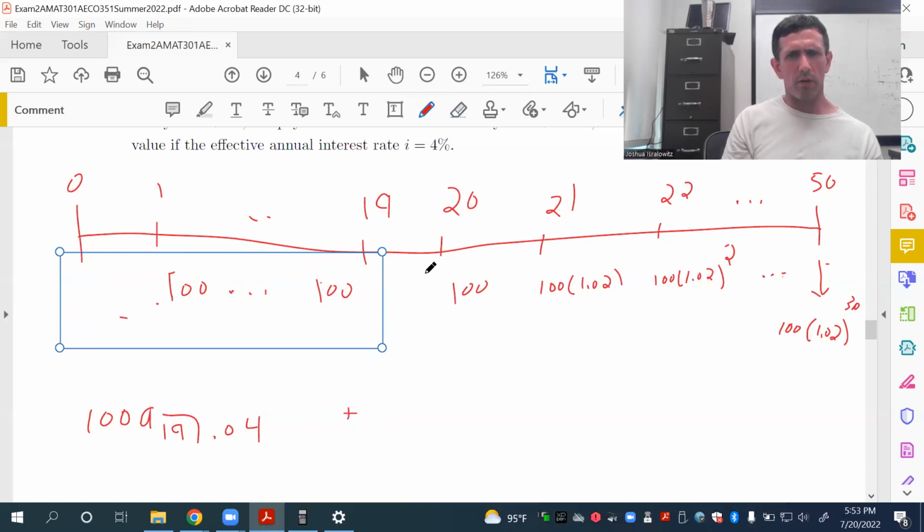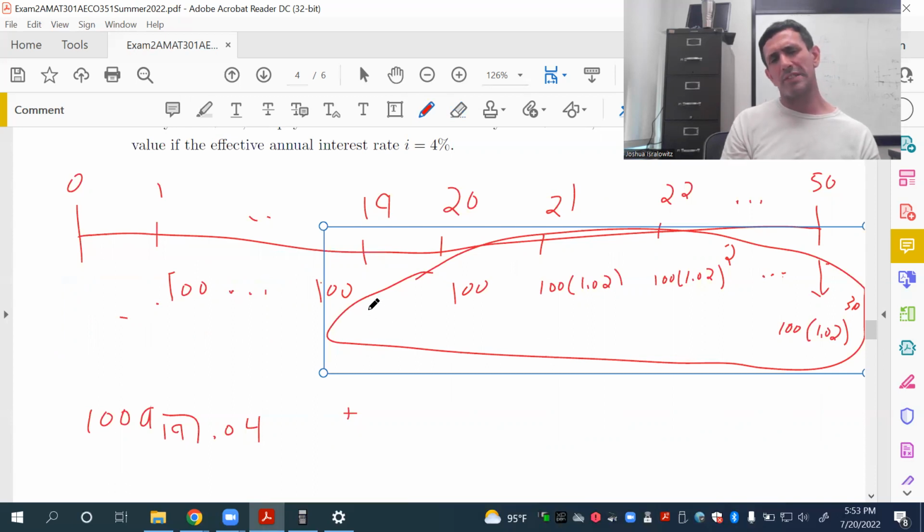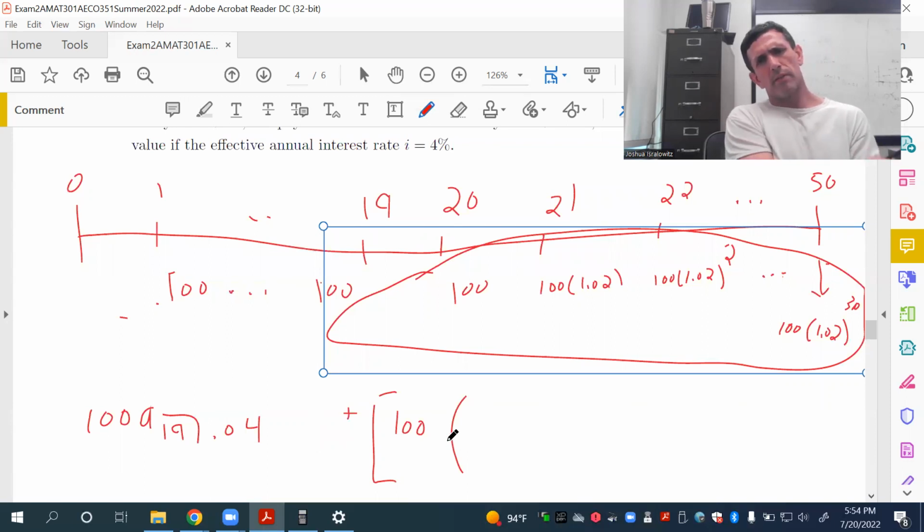All right, so now we're going to look at all these payments with the payment period starting at t equals 19. Okay, so this is going to be a 31-year annuity. So it's going to be 100. Well, just use my formula for a 31-year annuity where the first payment is 100 and each subsequent payment increases by 2%.